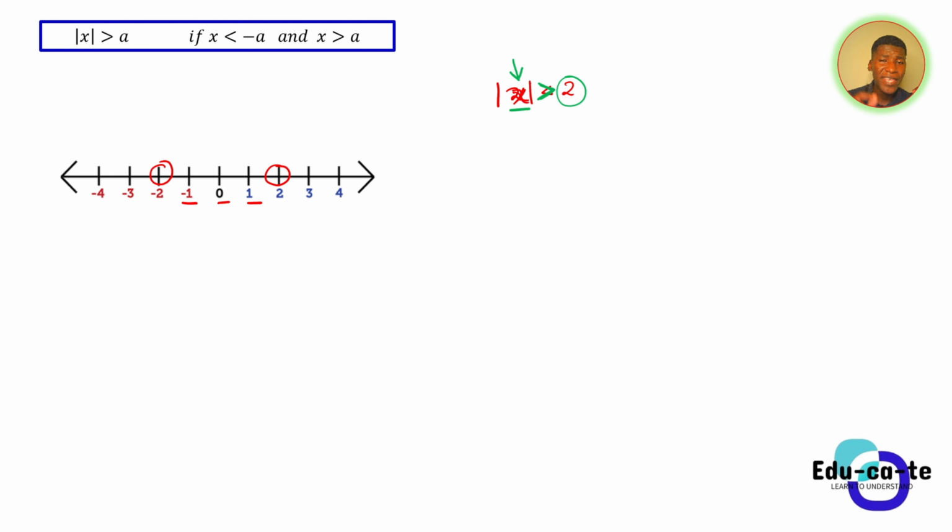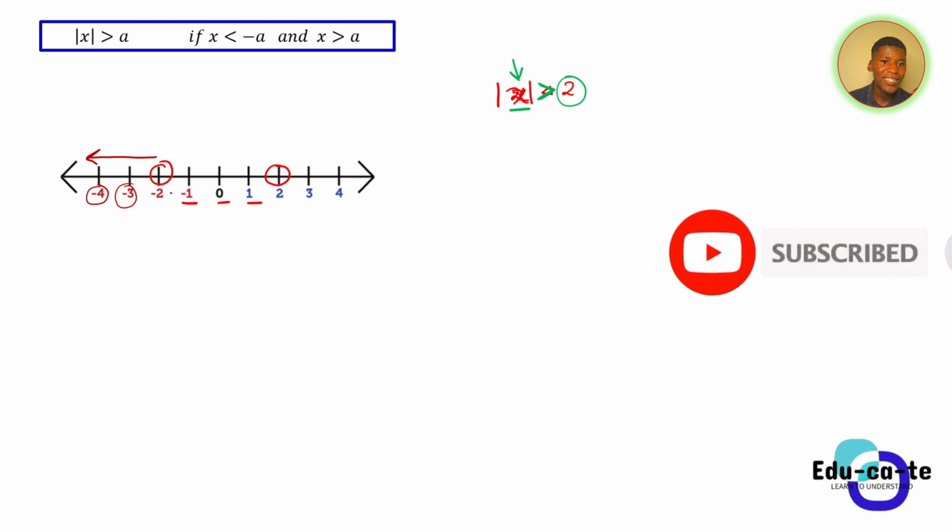But we can pick values such that we get a distance from 0, or an absolute value, that is greater than 2. Here we have exactly 2, but to get a distance greater than 2, we need to go to all the values that are less than -2. For example, -4, -3, -100, -1,000, -million, -billion, -trillion, all of those.